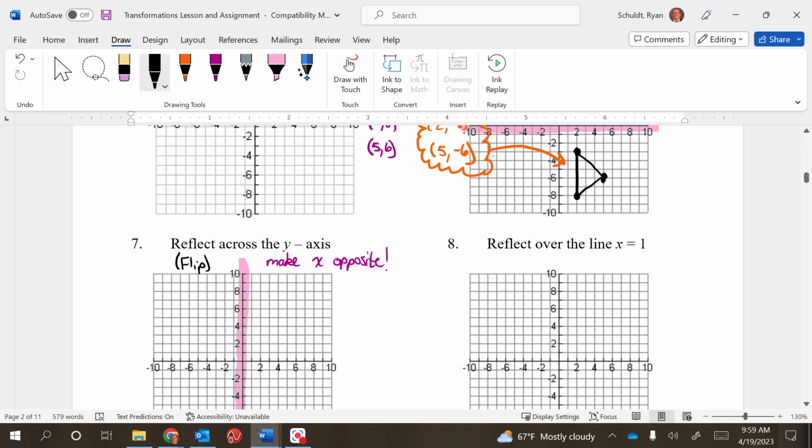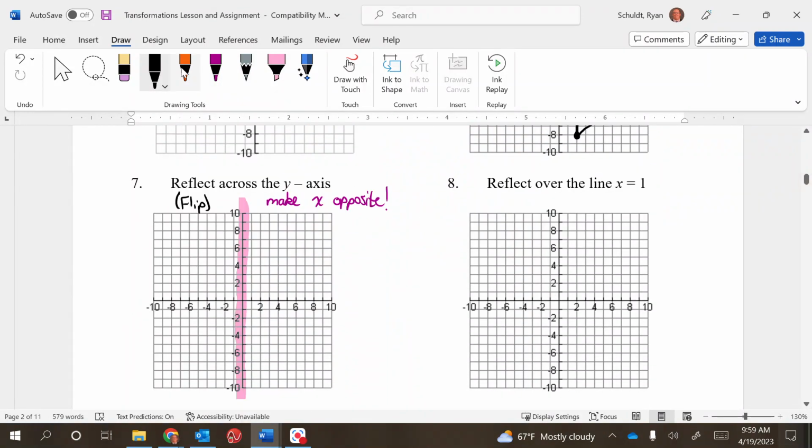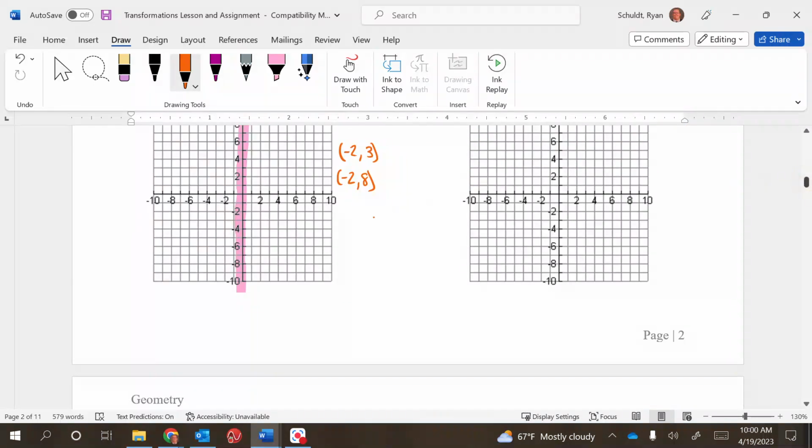So instead of 2, 3, we're going to have negative 2, 3. Instead of 2, 8, we're going to have negative 2, 8. Instead of 5, 6, we're going to have negative 5, 6.